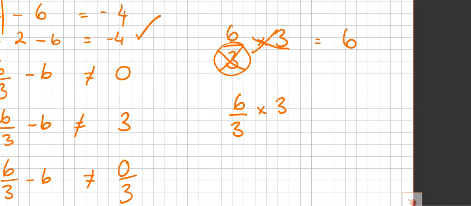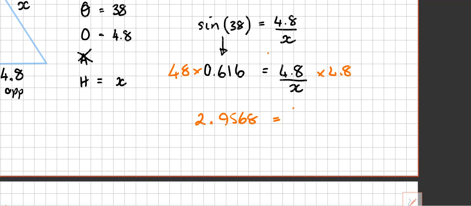Well, 6 divided by 3 is 2. 2 times 3 is 6. So it's basically undoing what's been done. That's what we need to focus on. Now, you might think, oh, but that doesn't make sense. When you times the bottom, don't you have to times the top? No, that gives me the equivalent fraction. That keeps the fraction exactly the same. 1/2, 2/4, same thing.